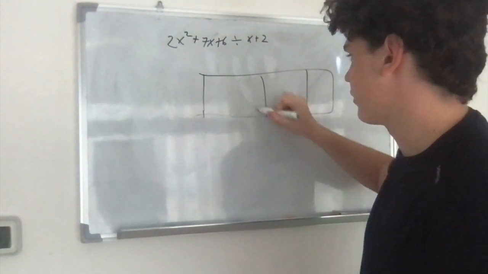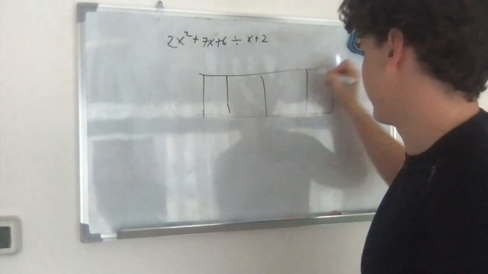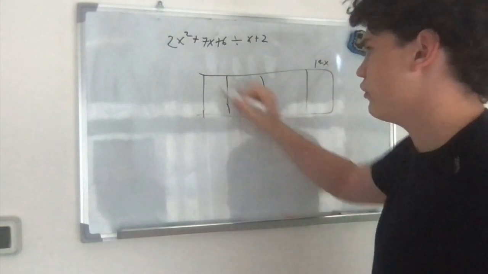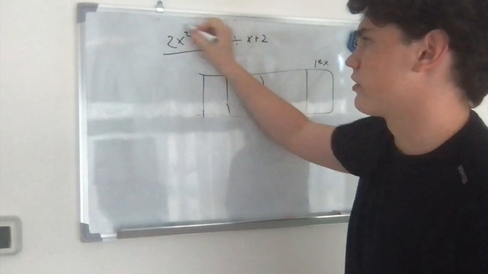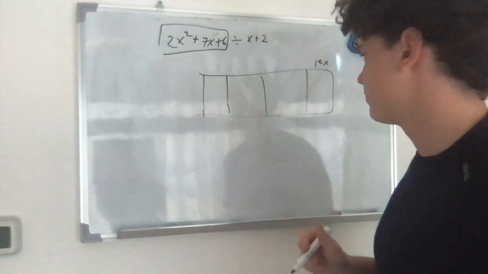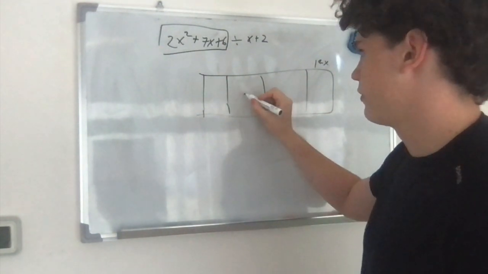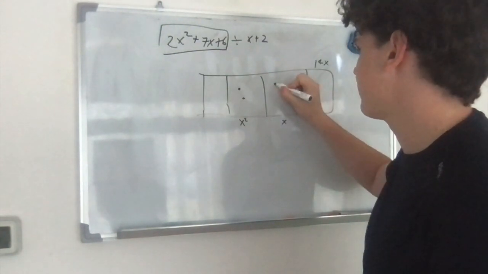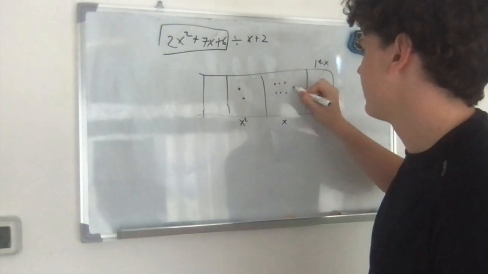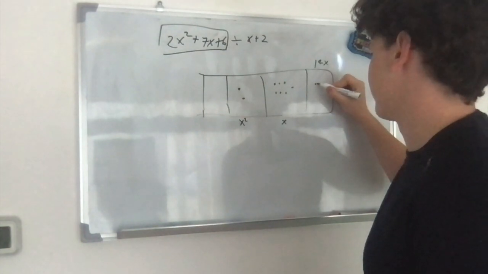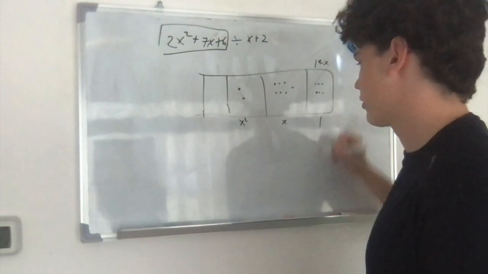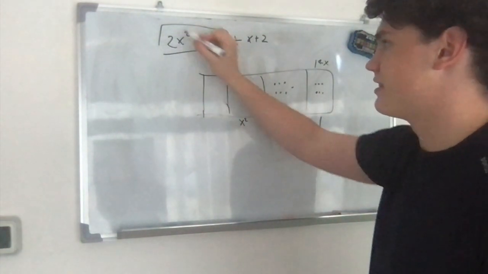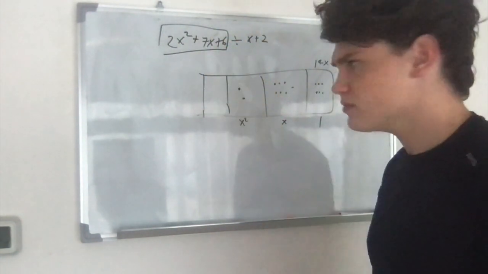Let's deal with it with the x-1 machine. First, let's write this equation here. We're going to have 2 dots in the x squared column, 7 dots in the x column, and 6 dots in the ones column. This is how we demonstrate this function.